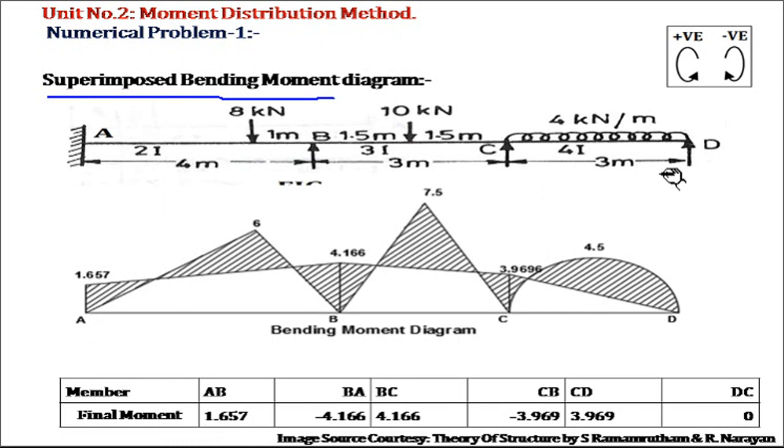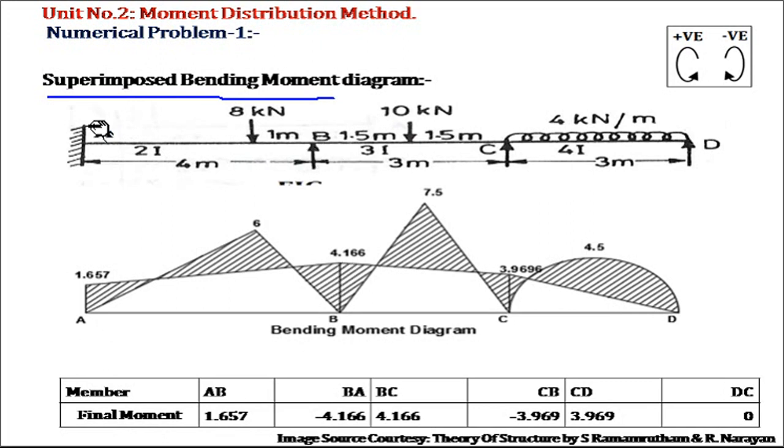It is plus. So if it is plus, that means the moment is anti-clockwise. Here, whether the moment is plus or minus, you have to show it above this horizontal line. So the final moment in member AB is 1.657.